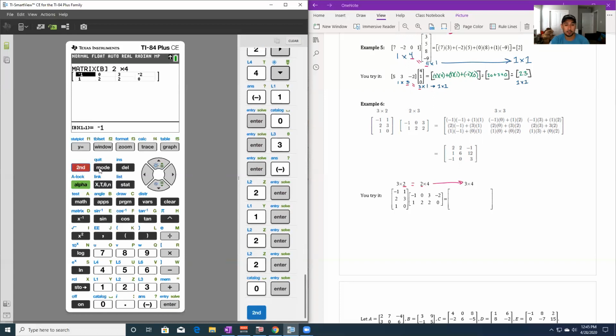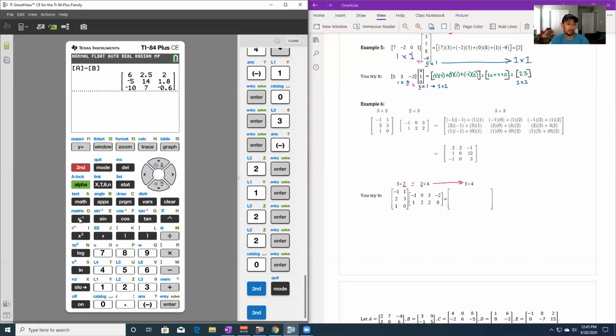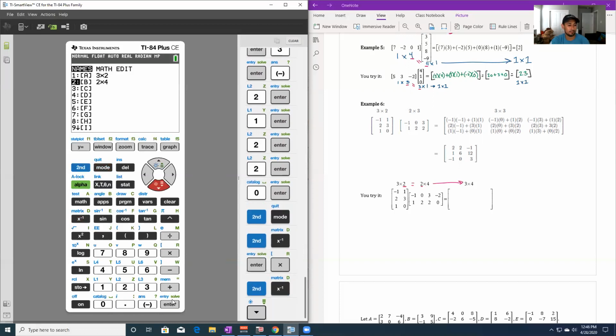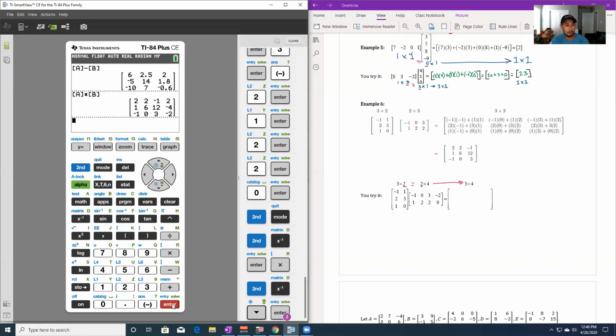Okay, second quit. And we want to multiply matrix A times matrix B. And the magic is going to happen. Bam. There it is. Life is good.